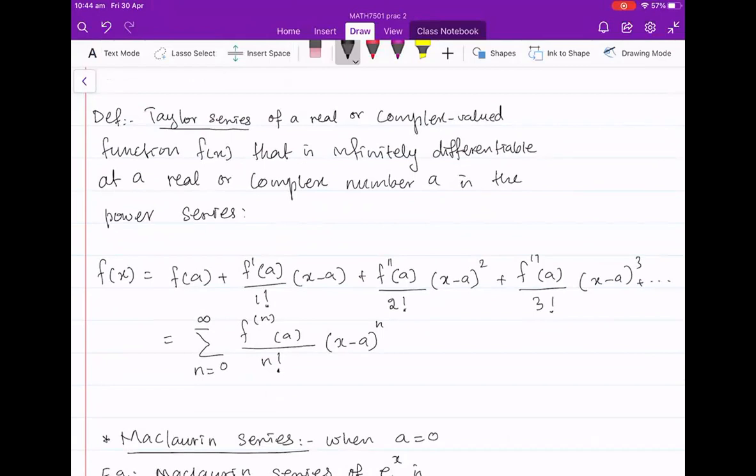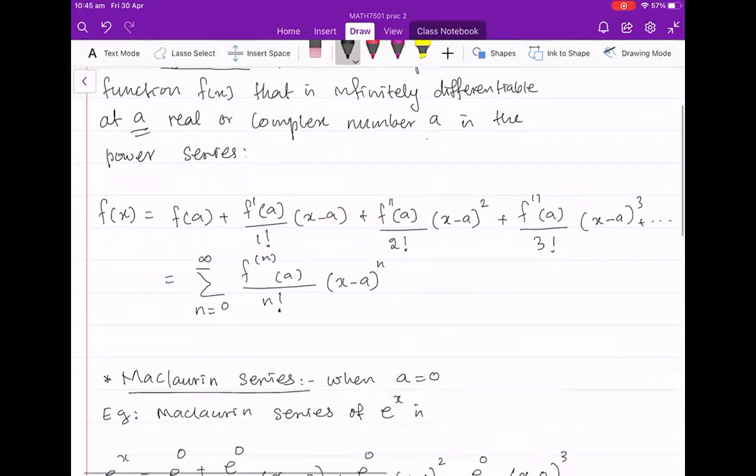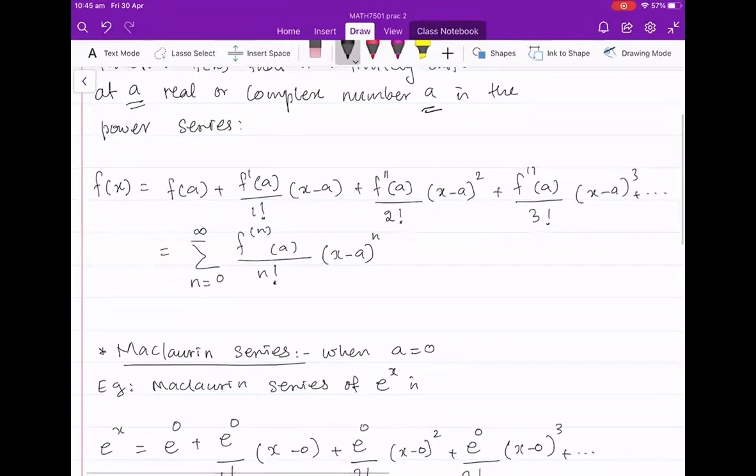The Taylor series of a real or complex valued function f that is infinitely differentiable at a real or complex number a is the power series. You would take f at the given point, then take the first derivative, divide it by 1 factorial, multiply by the difference x minus a, and then it goes on. In series notation, this is called the power series. Okay, you can use Mathematica to generate this series, using the series notation.